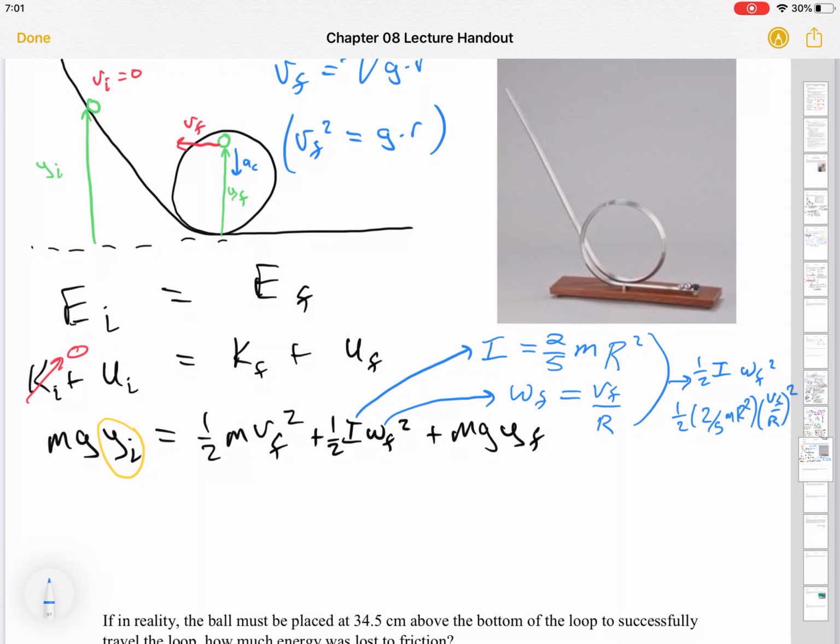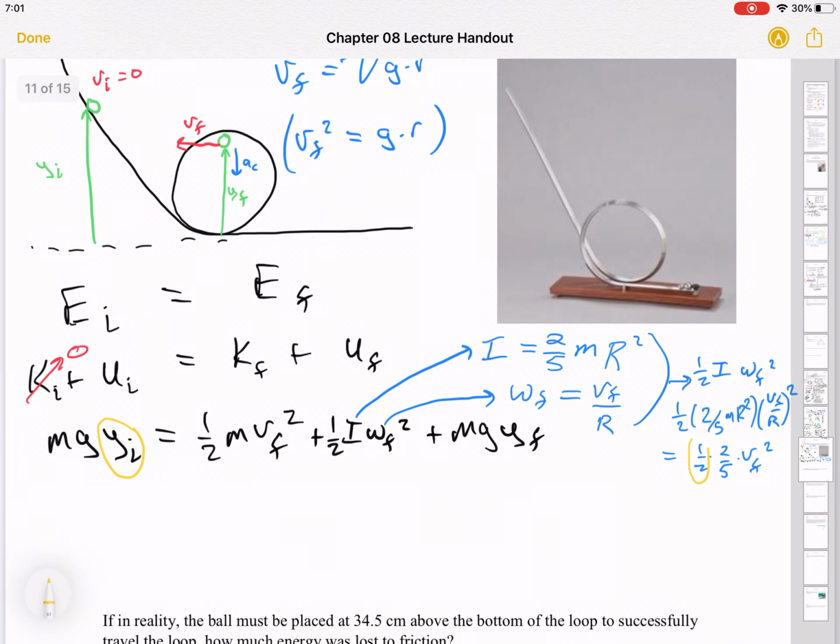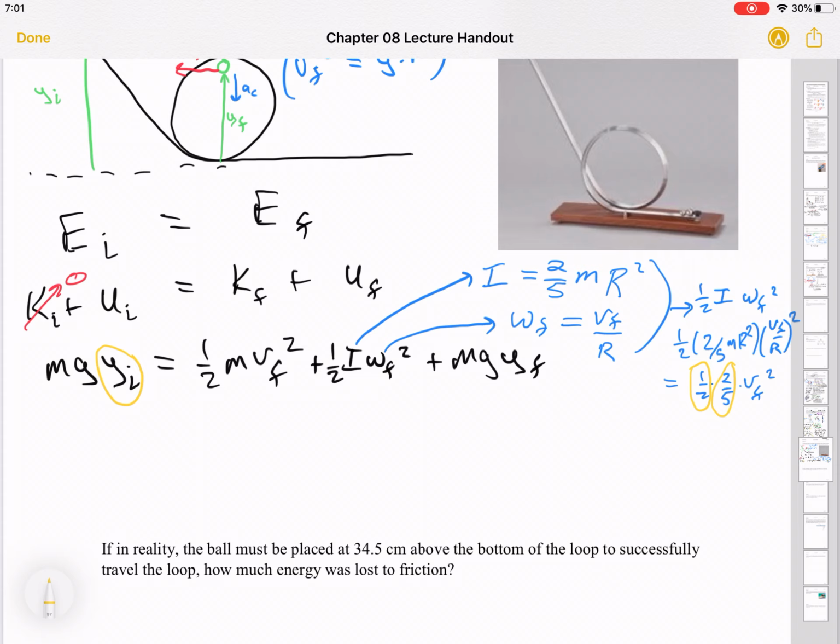So what I get out of that whole thing is a half times 2/5 times v final squared. Awesome, that's great. So all I get out of this is a factor, the half, because it's kinetic energy, and the 2/5 because it's a sphere. So all that matters is the shape of the object. All right? Okay. So let's plug in another line here.